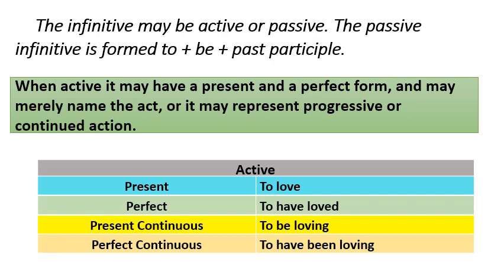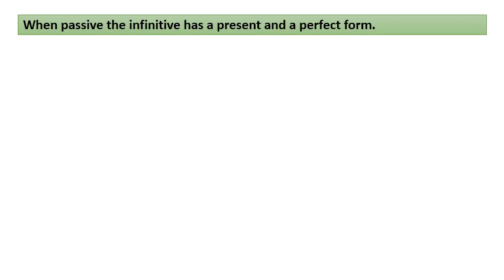So these are the examples of active infinitive, which means the to infinitive can be used in all the forms of present tense or any tense. As I have explained in the previous slide, the to infinitive can be used in the passive voice.